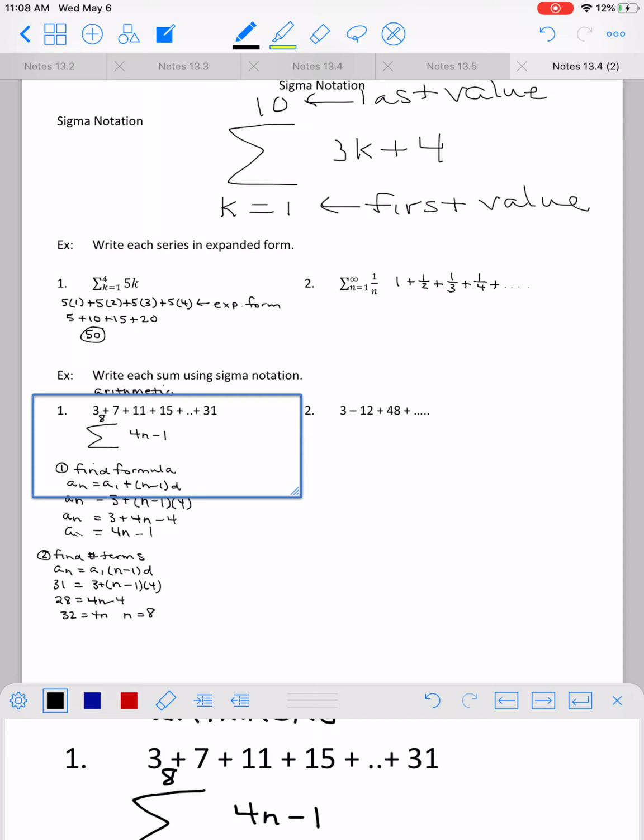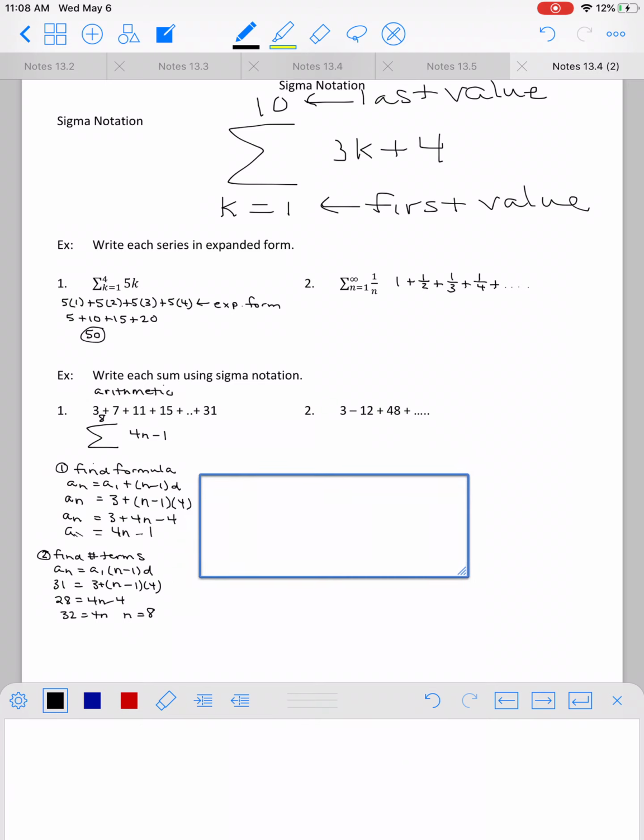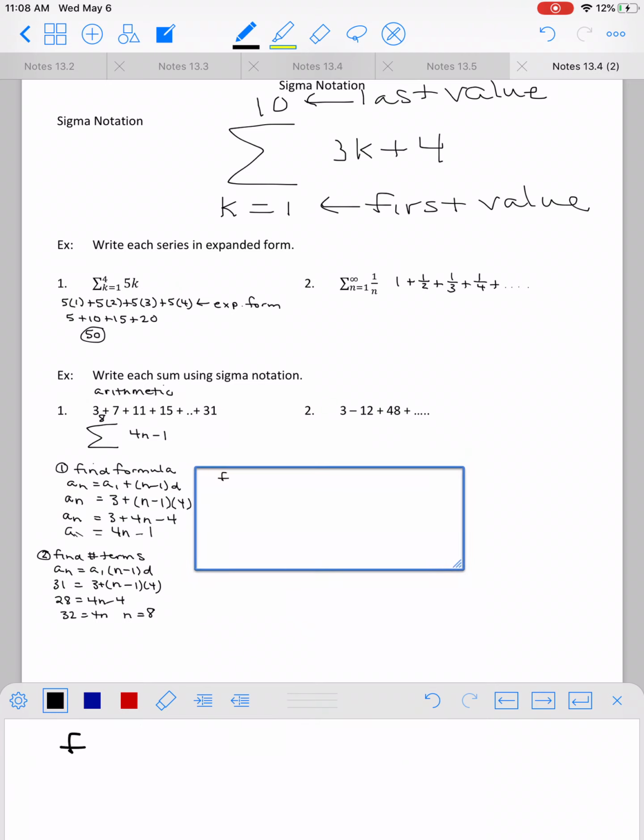And now you just need to find a sub 1. So a sub n equals 4n minus 1, and then a sub 1 is 4 times 1 minus 1, which is a 3.